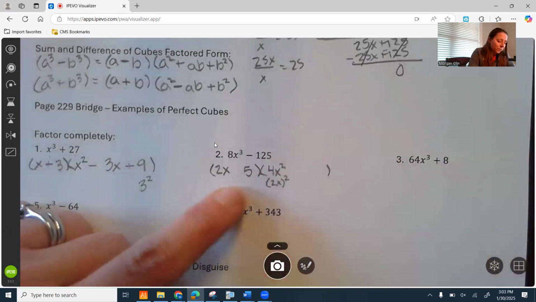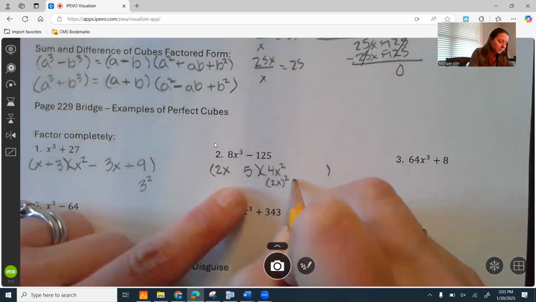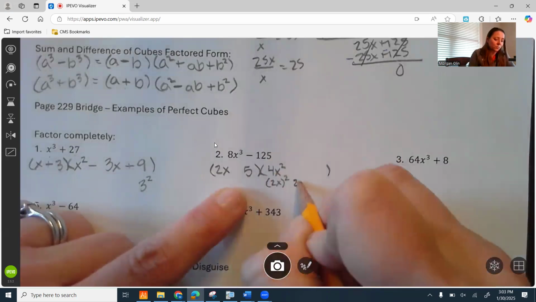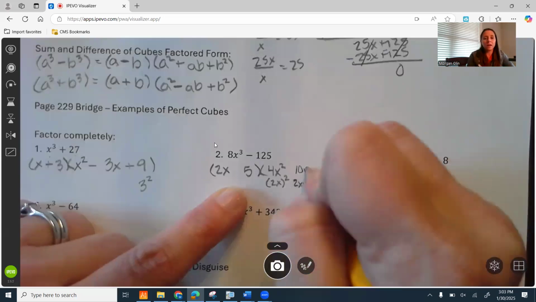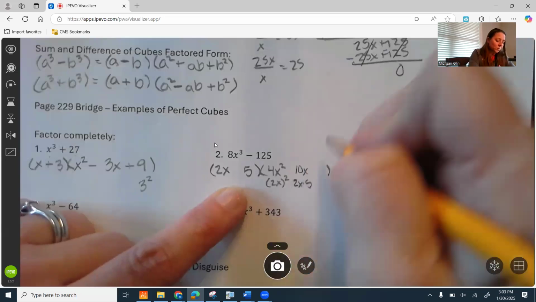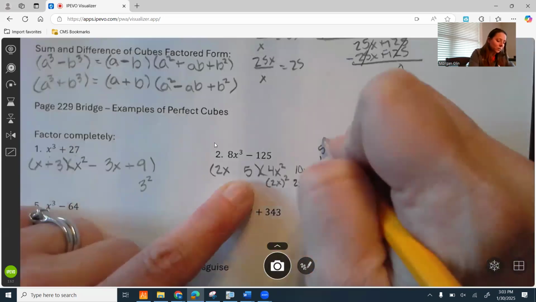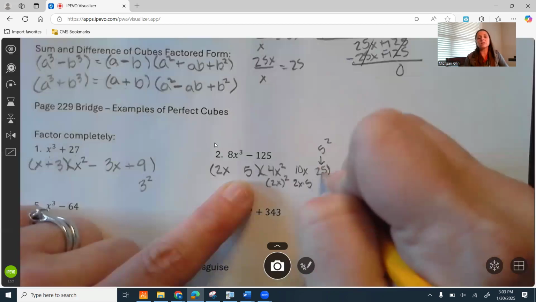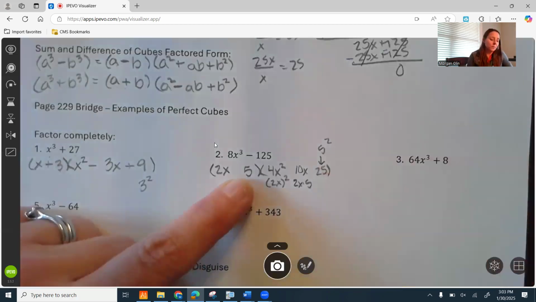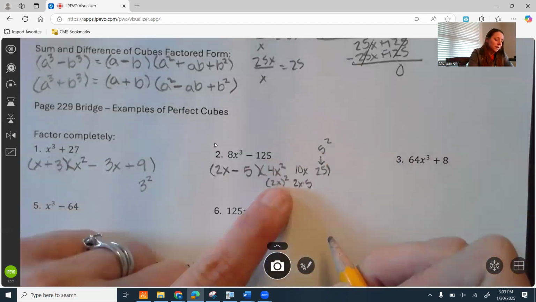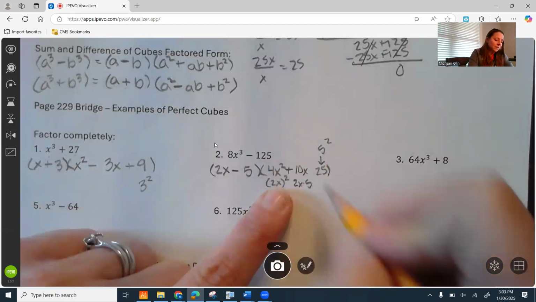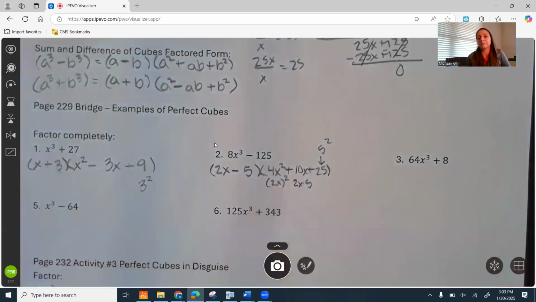All right, now for the middle term, we multiply 2x and 5 together. Well, when I do that, what does that give us? 10x. And then this last term right here, we square the last. So what's 5 squared? 25. Now let's put the signs in. So if you start with a minus, you should start with a minus. All right, here, the next one's the opposite, so that's a plus, and then the last one's always a plus.